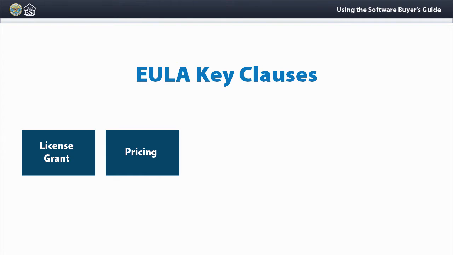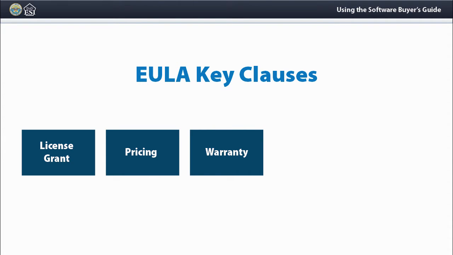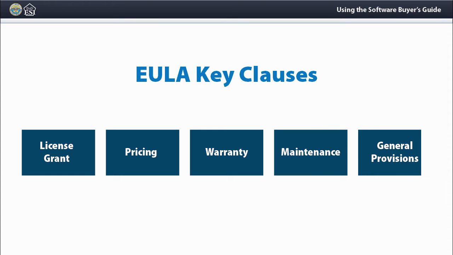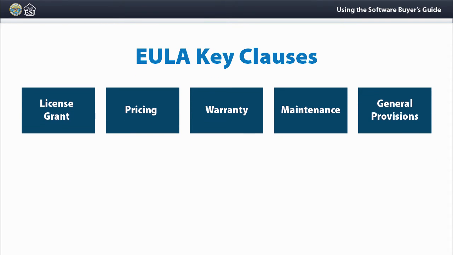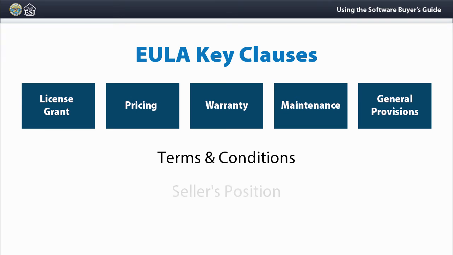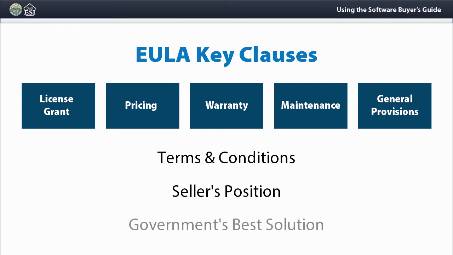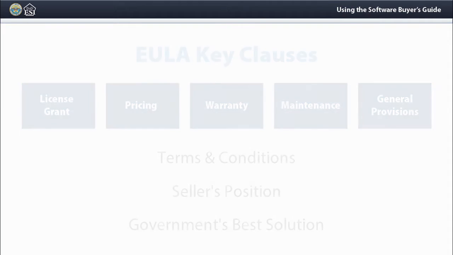Second is a section on pricing. Third focuses on warranty. Fourth is maintenance. And fifth is general provisions. In each of these sections, there are extensive guidelines for terms and conditions, positions taken by sellers, and methods to reach the best solution for the government.